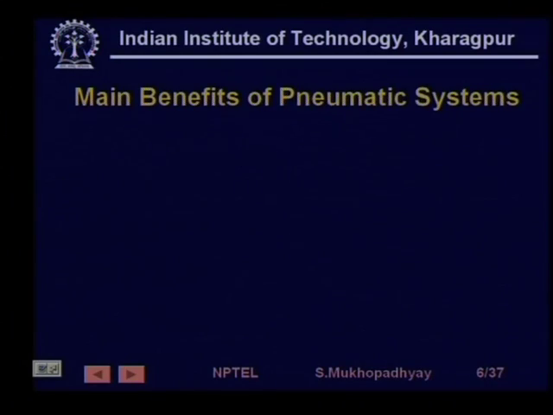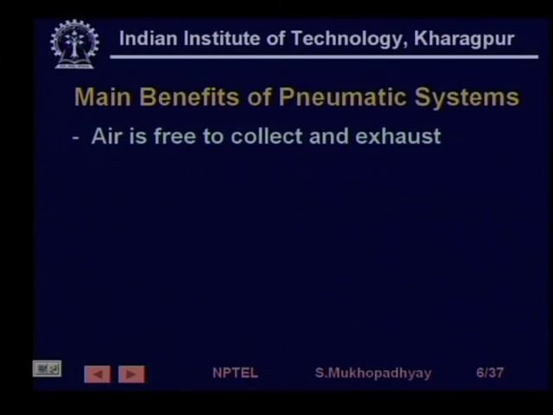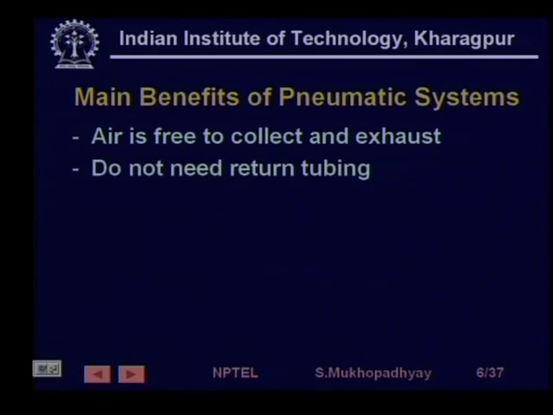There are certain advantages and disadvantages of using compressed air. The main benefit of pneumatic systems is that air is free to collect and exhaust. It is simply collected, you do not need to buy it, and therefore it is cheap, and it can be exhausted into the atmosphere. So, you do not need return tubing.